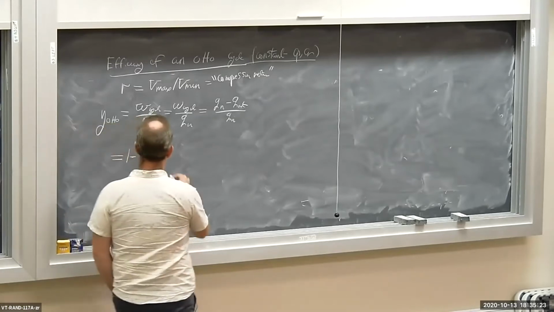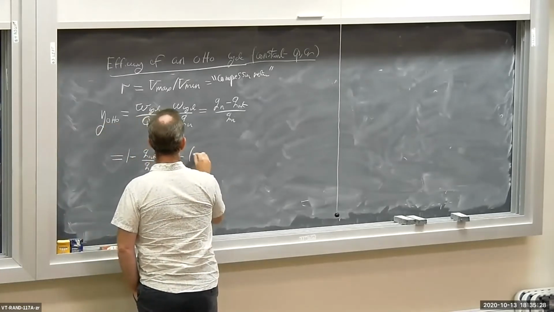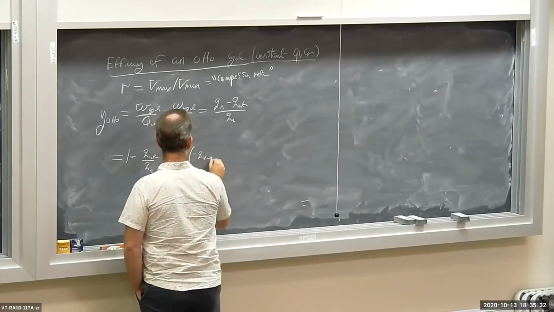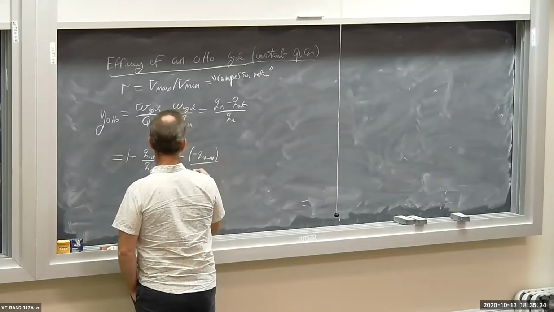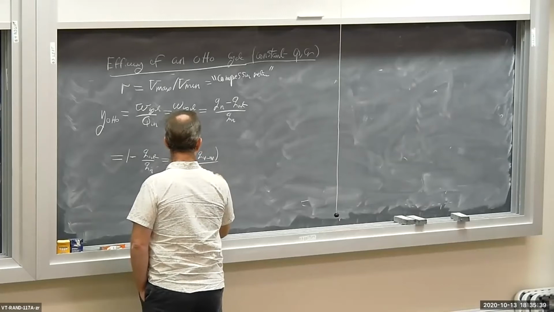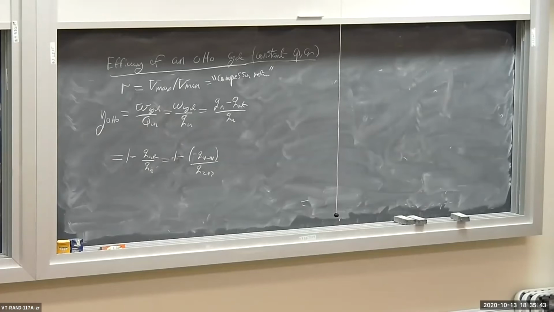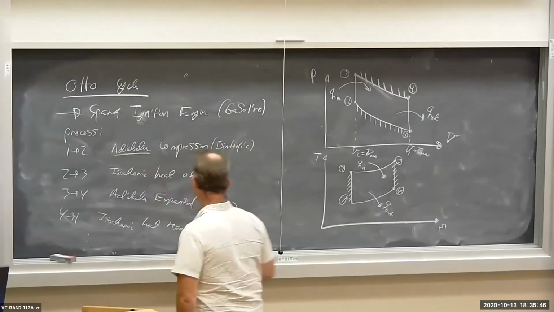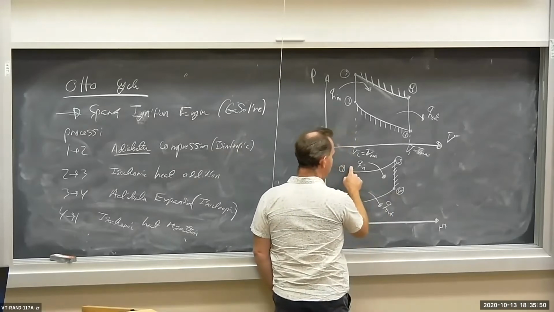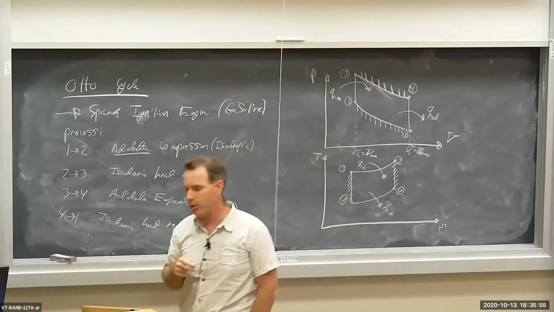So we have 1 minus, in parentheses, q 4 to 1 over q 2 to 3. Why the minus sign in the parentheses? Because q out is out positive from 4 to 1, whereas q in is in positive 2 to 3. Remember, it's in positive in the energy balance.